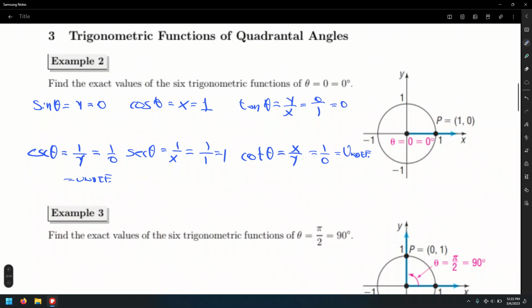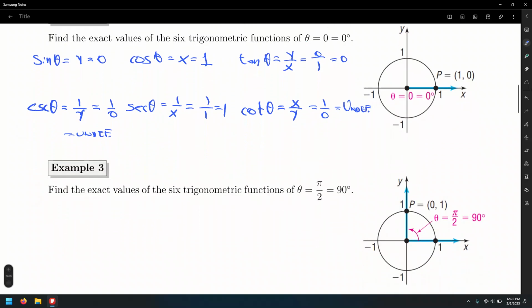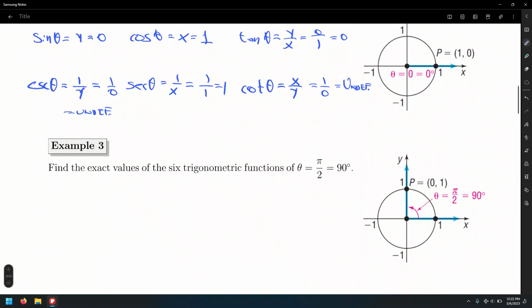Let's do the same for the values of the trigonometric functions corresponding to 90 degrees. And again, notice how we have this 90 degrees also represented in radians, in terms of pi.